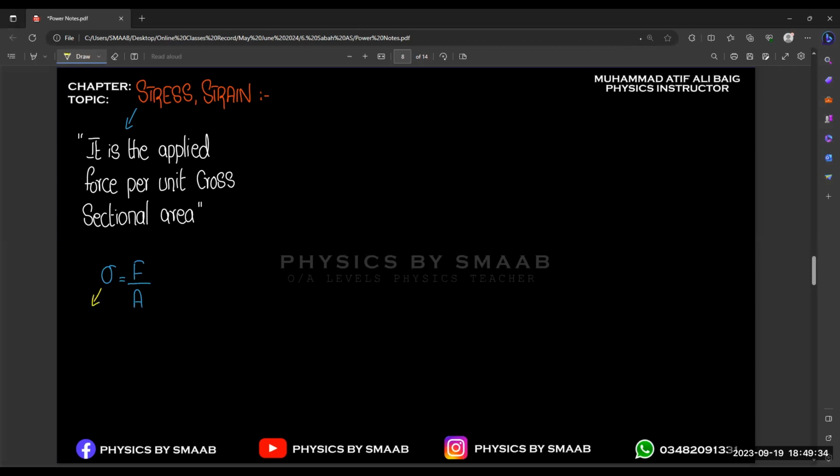So this quantity represents stress, and that's why your SI unit is the same as pressure: Pascals. Force, area, right?